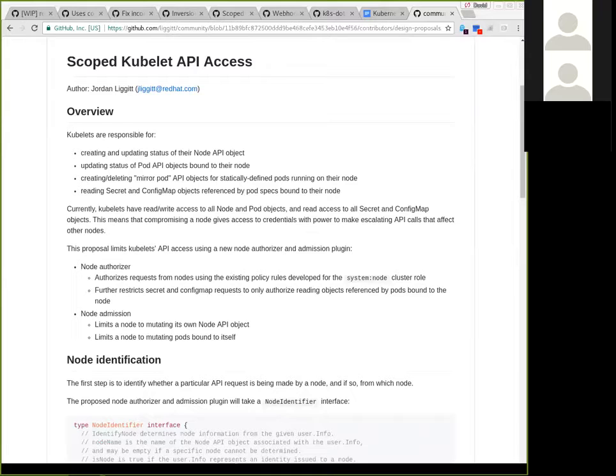And then we also want to limit their ability to read secrets and config maps in particular to just the ones required by pods that are scheduled to them.